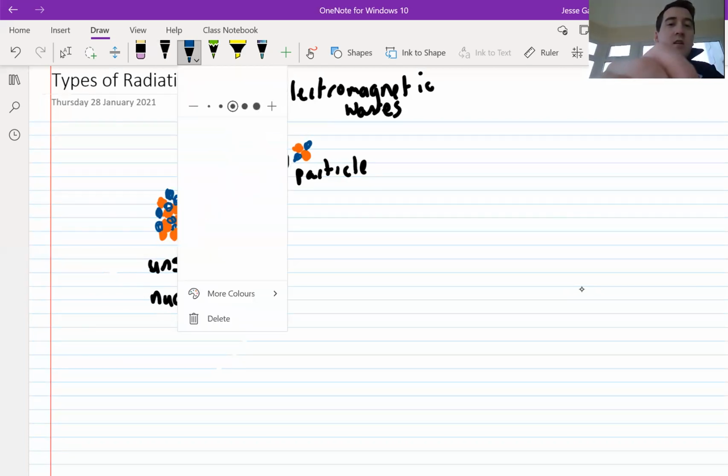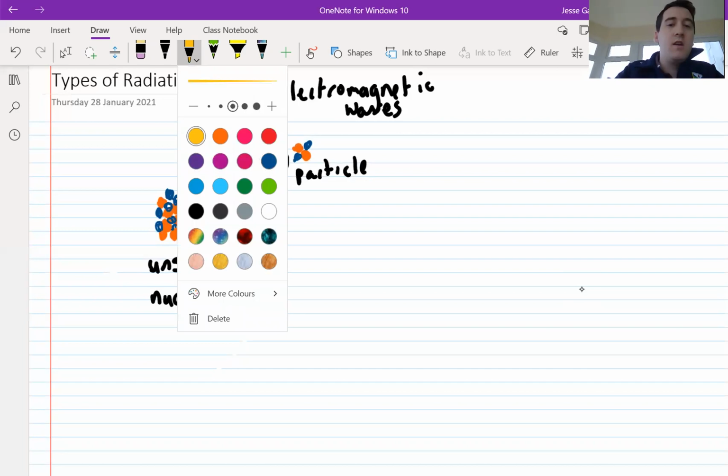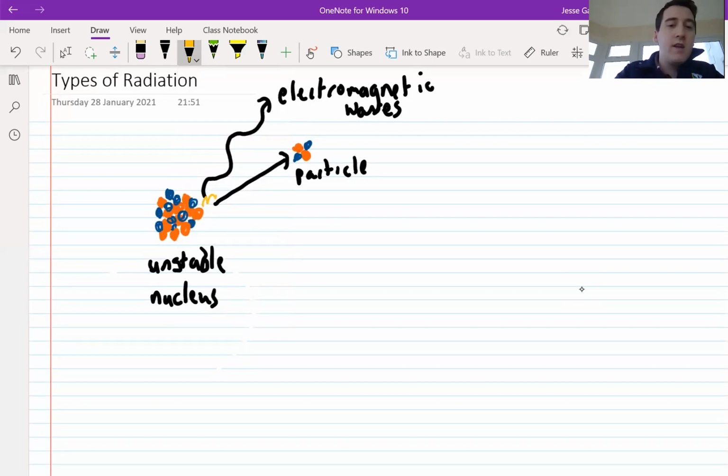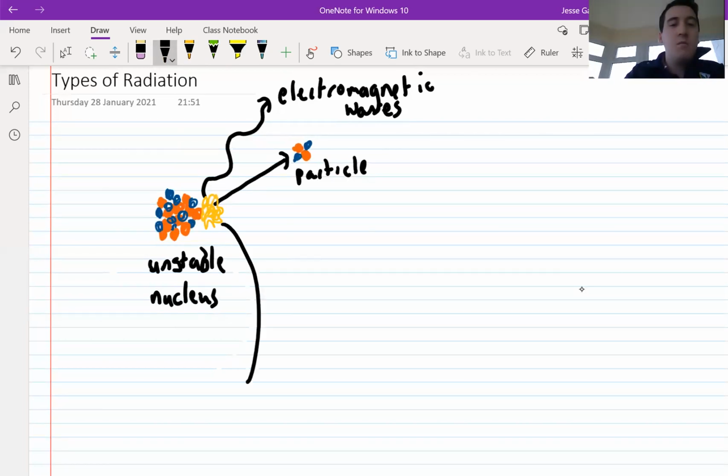Now this here, what's happening, is called a decay event. There's a couple of ways of saying this actually, but this process of the nucleus breaking down, we sometimes refer to as nuclear decay. So nuclear decay.